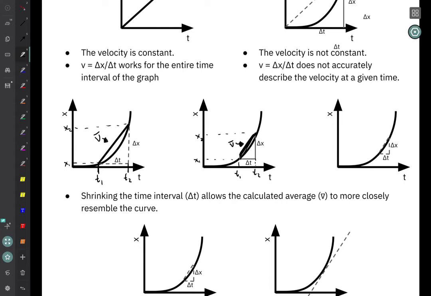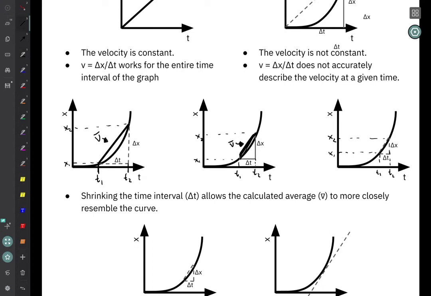This final graph over here on the right, I've shrunk that time and our position interval even smaller. Our time 1 and our time 2 correspond to our position 1 and our position 2.